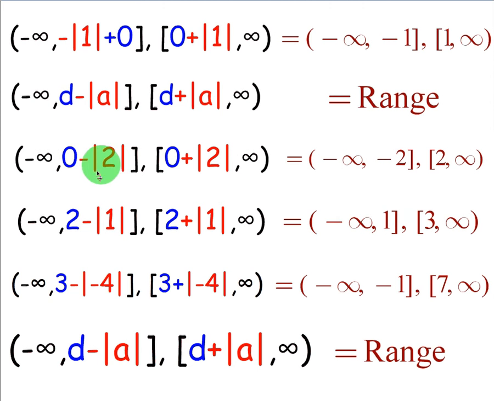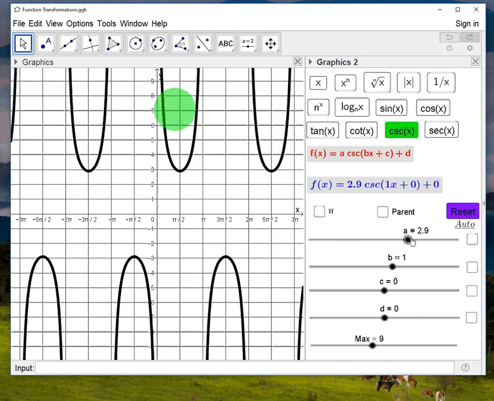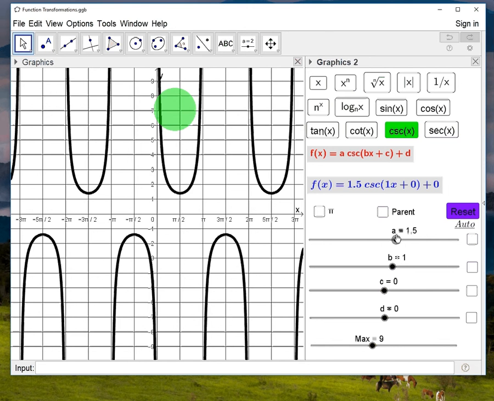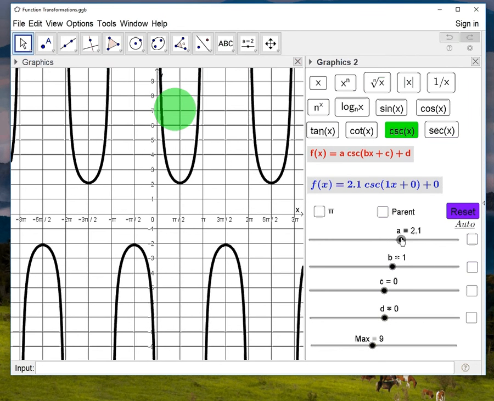Okay, let's make a equal to 2, and we're going to keep d at 0 and see what happens to the range. I'm actually going to slide d around a little bit just so you can see what happens. It moves further and further away from the middle. But let's go to 2. And we do indeed see that we're going to call these vertex, even though they're not really parabolas. This vertex right here is going to be at d, which is 0, minus absolute value of a.